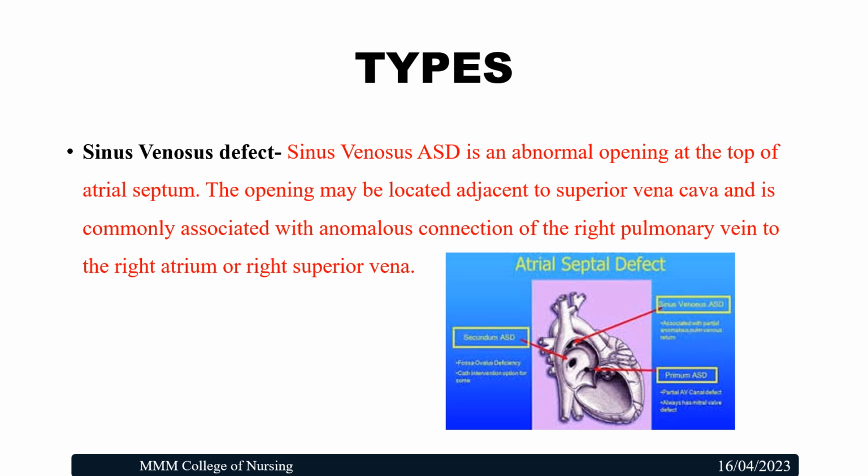The opening may be located adjacent to the superior vena cava and is commonly associated with anomalous connection of the right pulmonary vein to the right atrium or right superior vena cava. You can visualize in the picture that the sinus venosus defect is adjacent to the superior vena cava. So these are the three types of ASD.